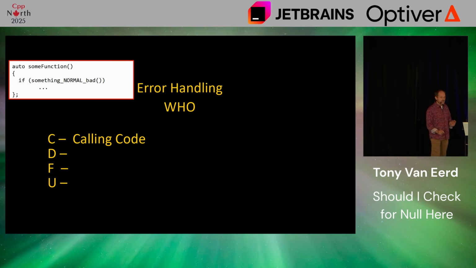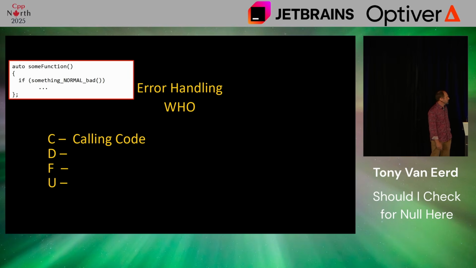So if something normal bad happens, let's just tell the caller. Look, there ain't no file. I don't know what you're talking about. You return it, and you expect the calling code to handle it, because in the documentation for the function, people looked at your code, figured out what it does, they should know that it returns an error in this case.